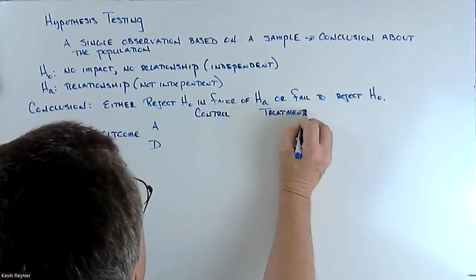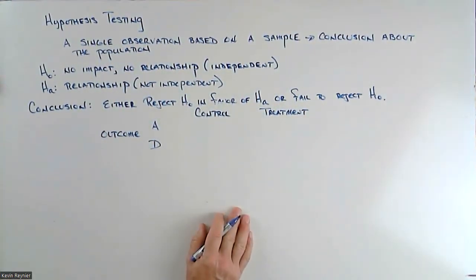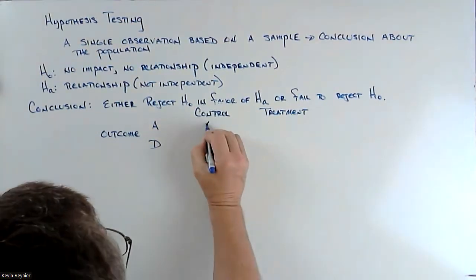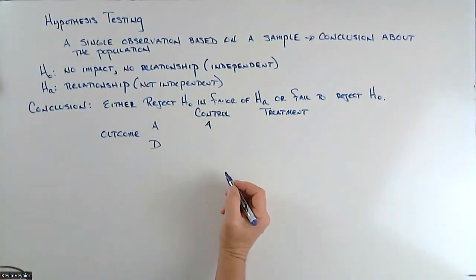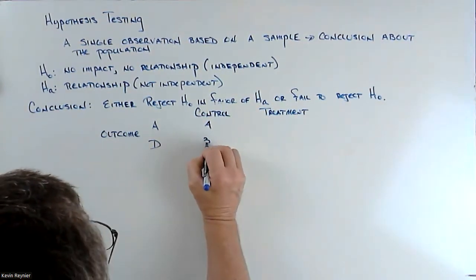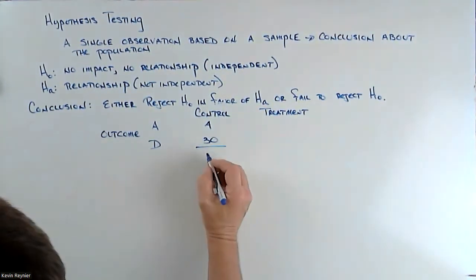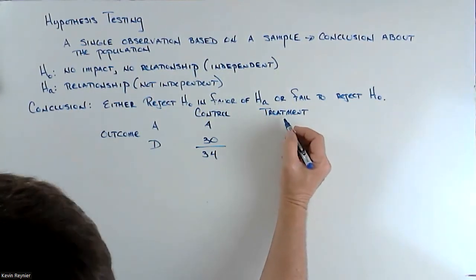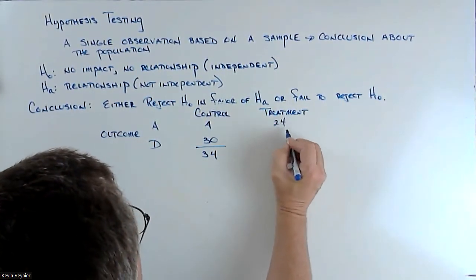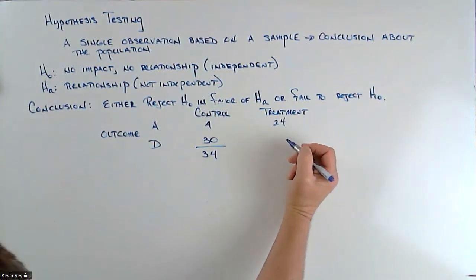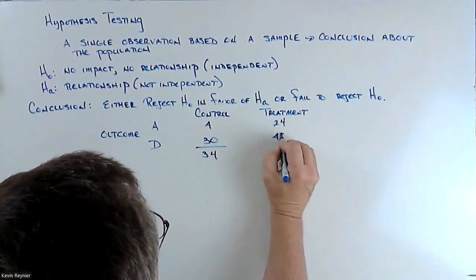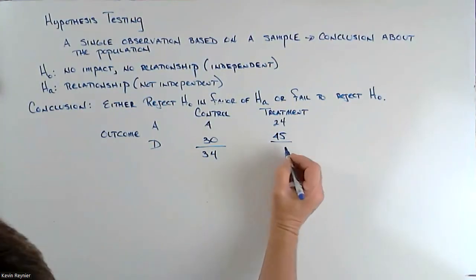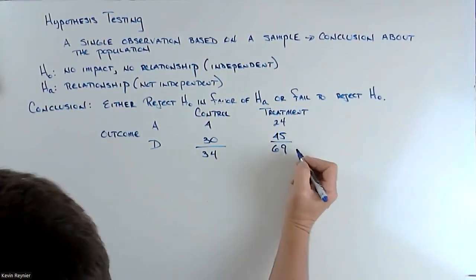Now, this is an experiment. We have a control group and we have a treatment group. In the control group, at the end, we had 4 alive, and we had, unfortunately, 30 dead. So we had 34 people in our control group. In our treatment group, we had 24 that survived the time that we studied them, and we had 45 that passed, giving us our 69 people in that group.